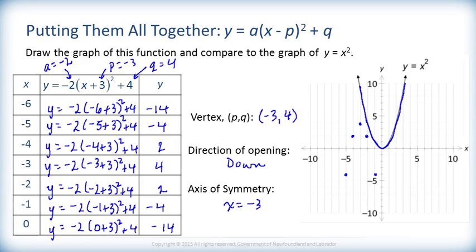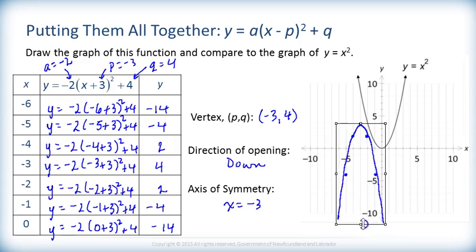So I've completed the table, plotted the points, and traced out my base graph. First thing I'm going to need to do with the base graph is to reflect it. Then I'm going to need to translate it 3 units left and 4 units up to meet the vertex. Then finally I'm going to have to stretch it by a factor of 2.